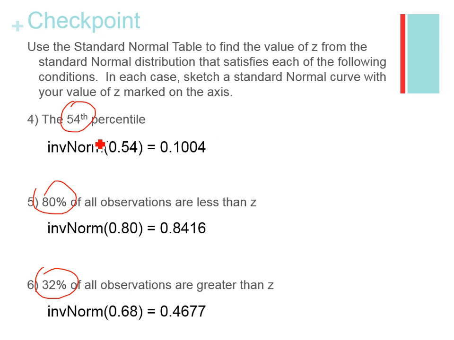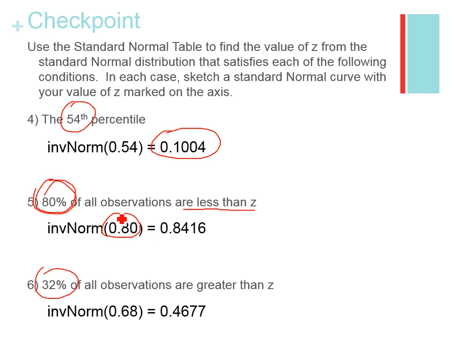So for the 54th percentile, remember percentiles measure at or below a data value, so I just want the inverse norm of 0.54. That's where the 0.1004 comes from, so that would be the z-score for number 4. For number 5, once again, it's talking about less than, so I can just do the inverse norm of the percentage here.